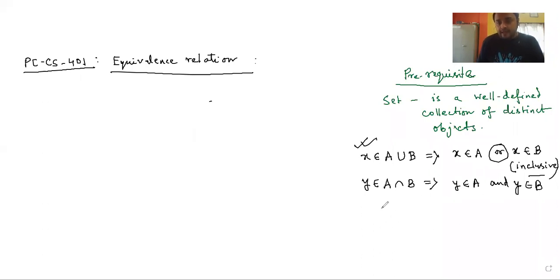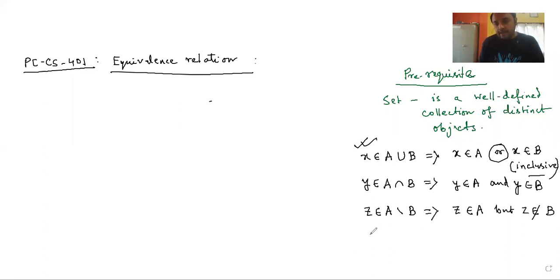Another operation we can perform on sets is this: if we consider an element z belonging to A difference B, this operation is called difference. We write it as z belongs to A, but z does not belong to B.